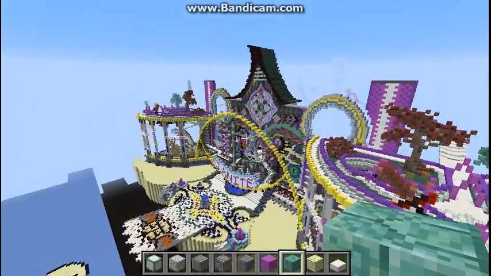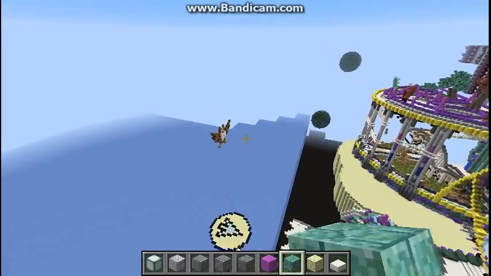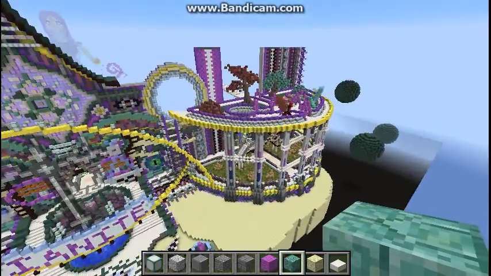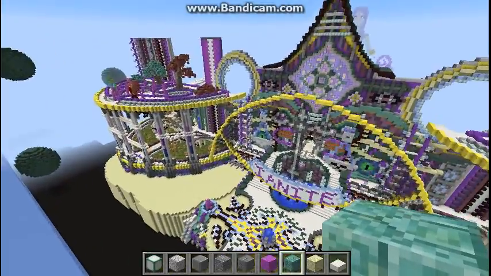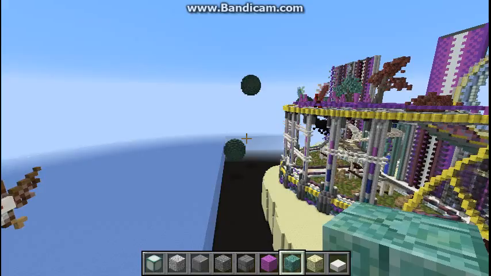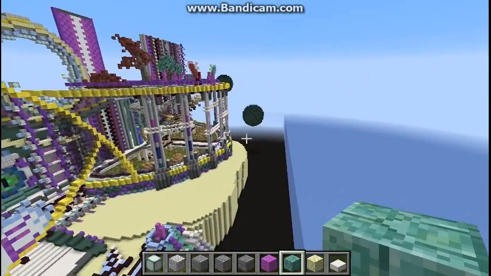It's a build about Ianite, a temple dedicated to Ianite. What's a good way to go about this? And I was looking around, and I saw this, and I was thinking, ender pearls. Most definitely ender pearls.